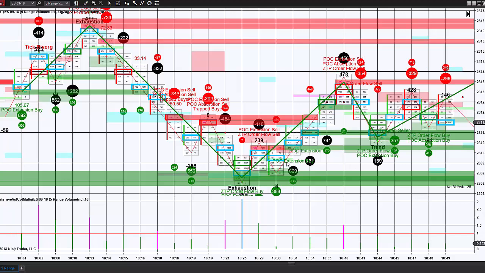What was unusual about these series of trades is that you received clear signals on all of these trades, which you don't usually have. You may have, on some instances, just a ZTP order flow at a low, and it may or may not be on high volume.